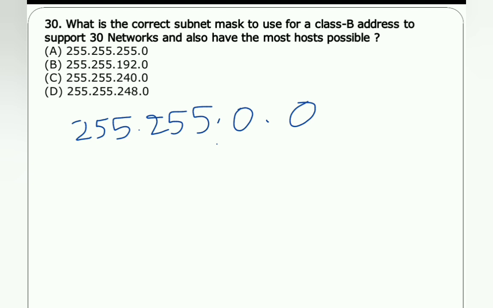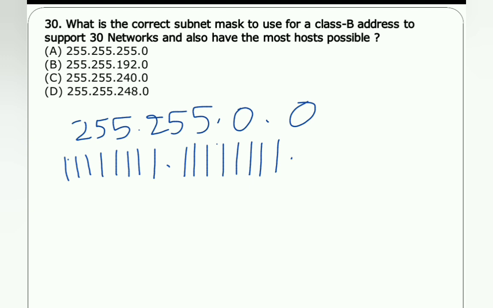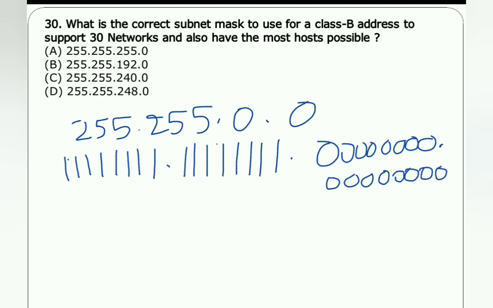Next, we have to convert this into binary format. If you convert it into binary format, then we will get 8 ones, 8 ones, followed by 8 zeros and 8 zeros.